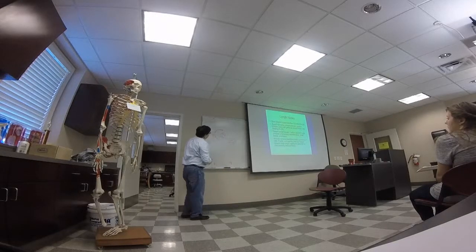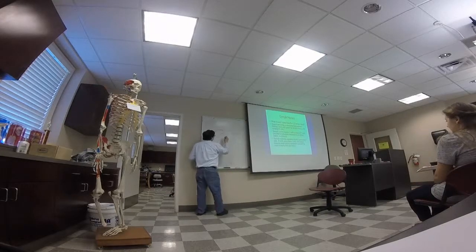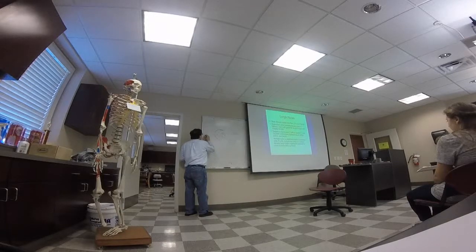Okay. So these little cords of cells are called medullary cords. The medullary comes from the term medulla. And these spaces between would be called medullary sinuses.